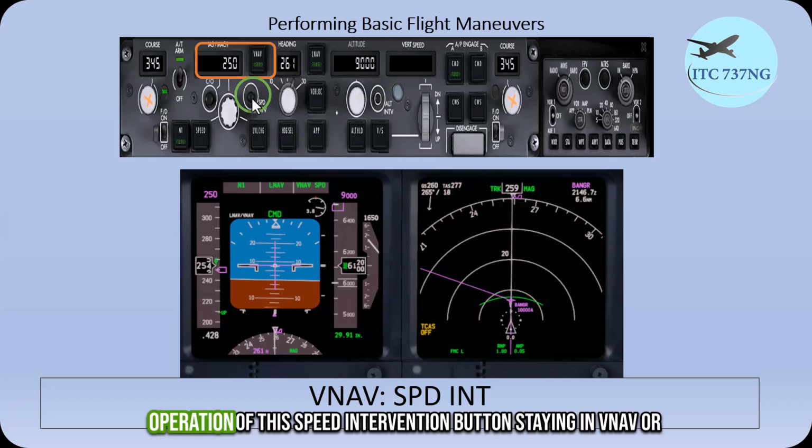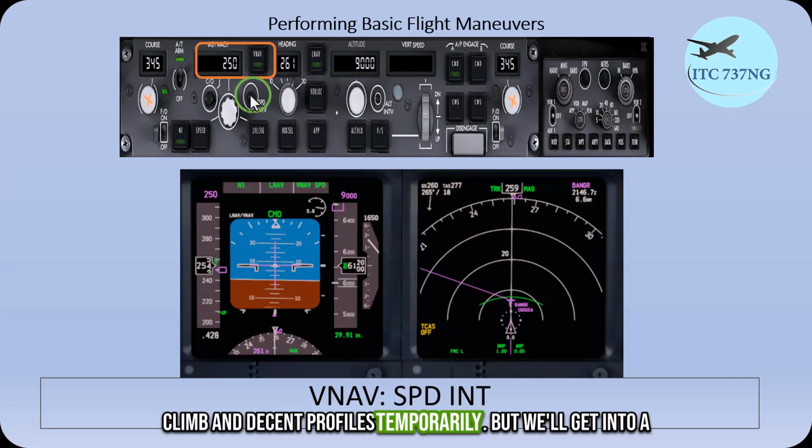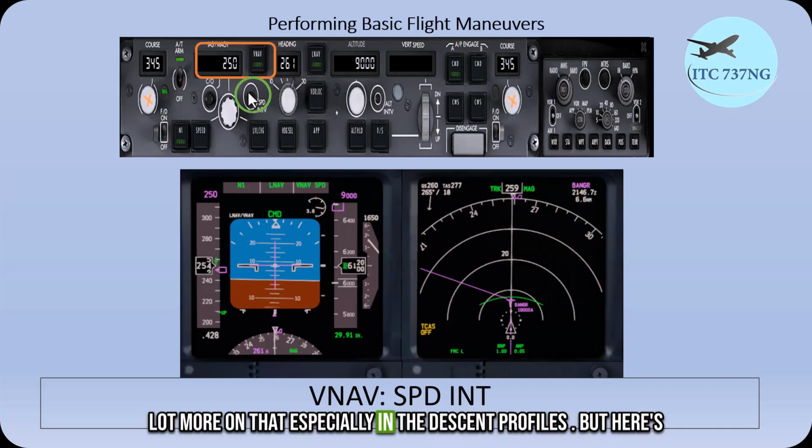Because the operation of this speed intervention button, staying in VNAV, or in and out of closing the window and opening the window to control speed, is just an important process for managing the climb and descent profiles temporarily. But we'll get into a lot more on that, especially in the descent profiles.